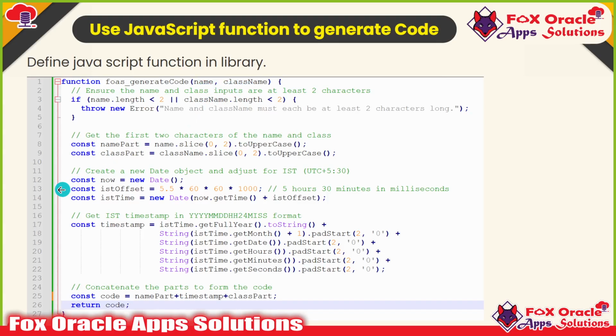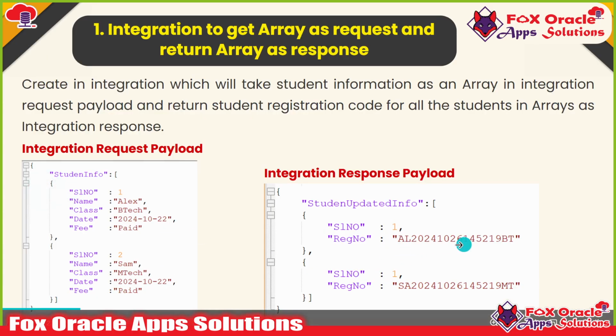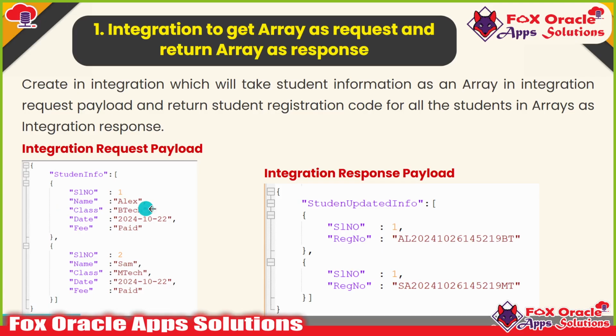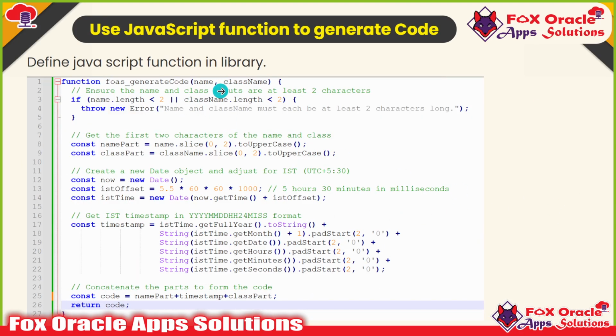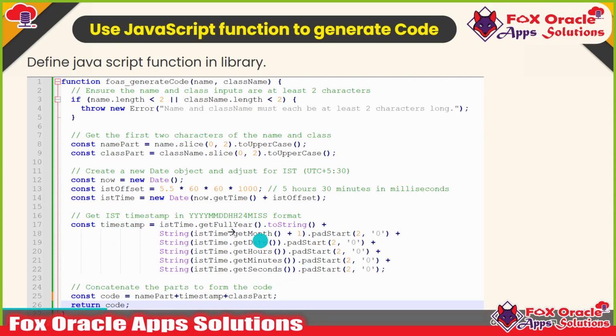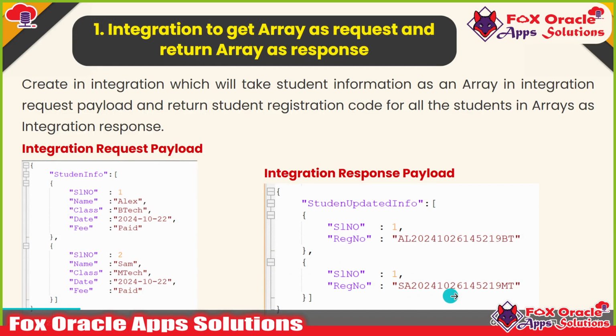Why are these two parameters there? Because we have to generate this code based on the username, the student name, and the student class. That's why these two parameters are there in the function. Based on those two parameters, we added another option for the timestamp. We created this code just for generating the timestamp, which we are going to concatenate in between.